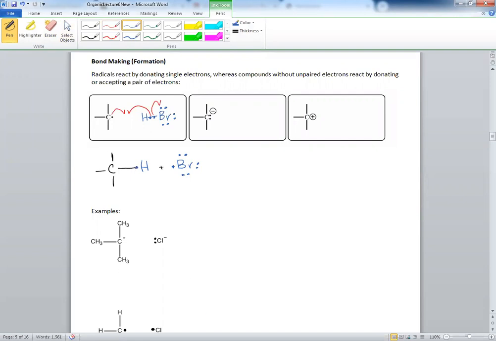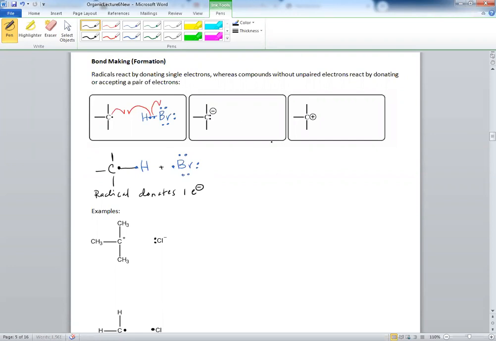So here's that blue one, and here's that black one for the carbon. Hopefully, again, you can make sense of these electrons. So this is bond making in the radical reaction. So in this case, the radical donates one electron.